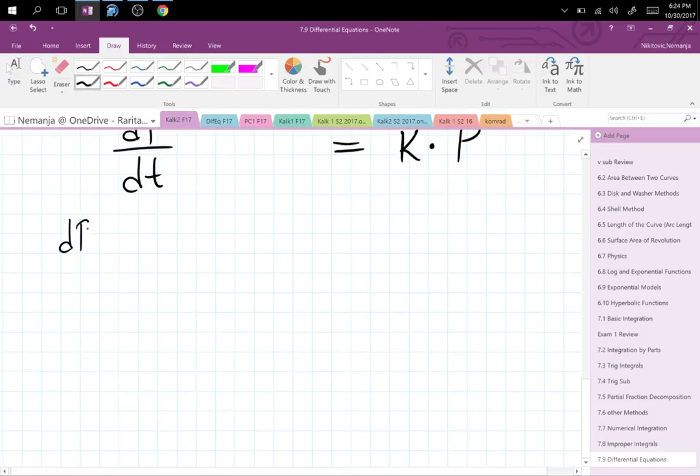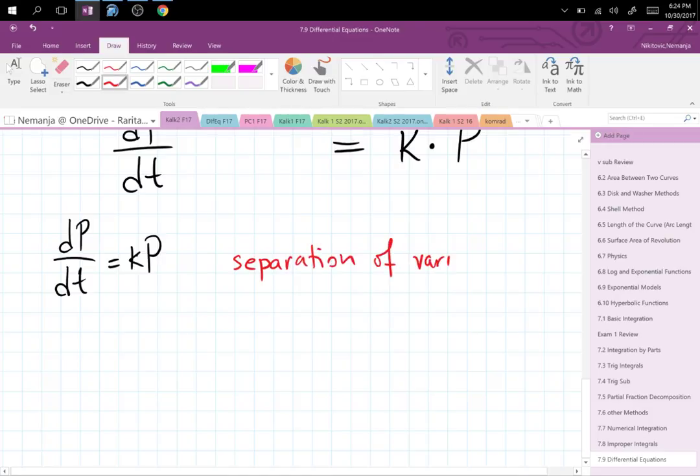If I say dp/dt is equal to kp, I can use the easiest and cheapest method of differential equations, called separation of variables. What we do is we put all of the variables of one kind on one side of the equation, all of the variables of the other kind on the other side, and constants can go anywhere.